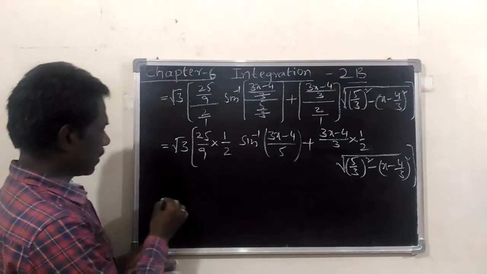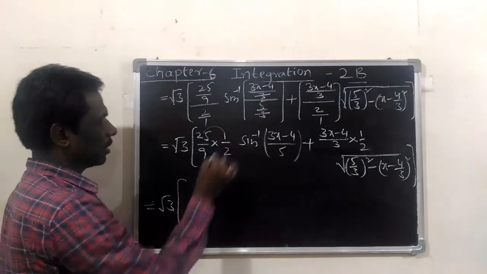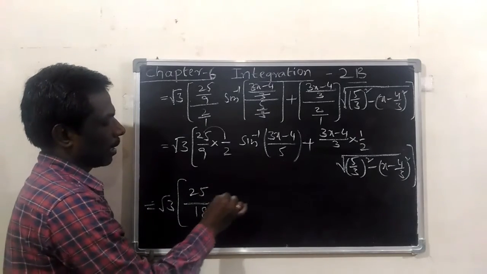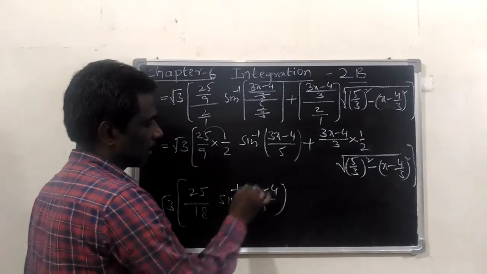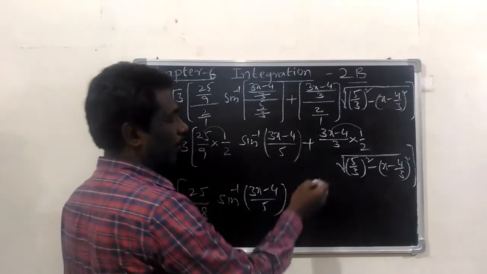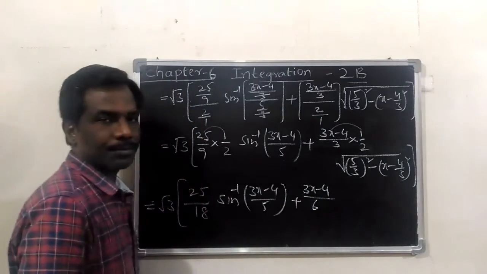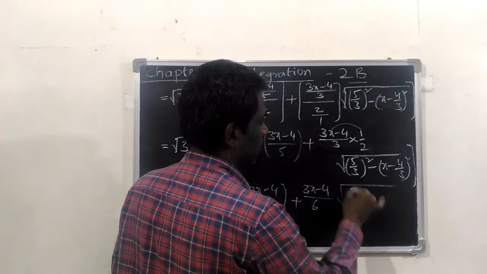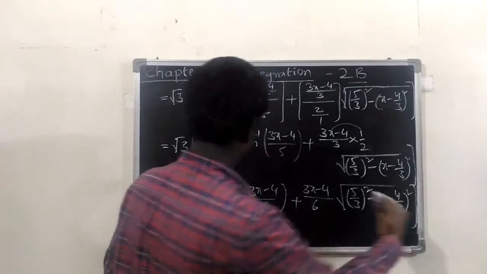And what we will get next is equals to root 3 into 25 ones are 25 by 9 twos are 18, and the sine inverse 3x minus 4 by 5 plus, numerator into numerator, 3x minus 4 into 1 is 3x minus 4 by 3 twos are 6, and under root of 5 by 3 whole square minus x minus 4 by 3 whole square.